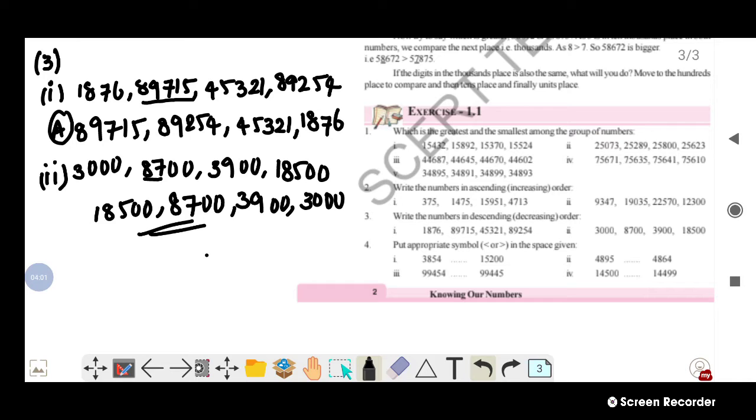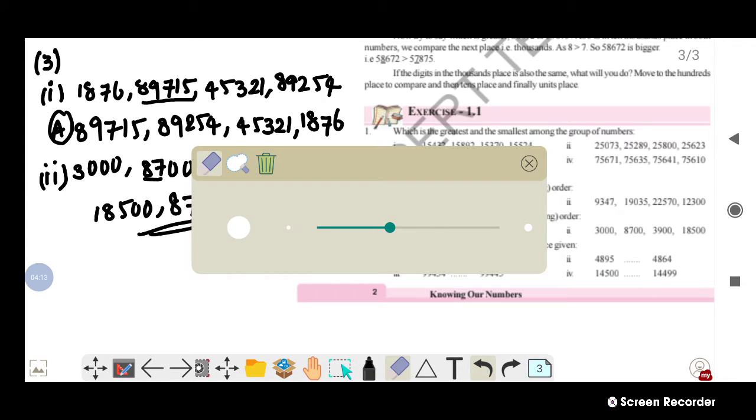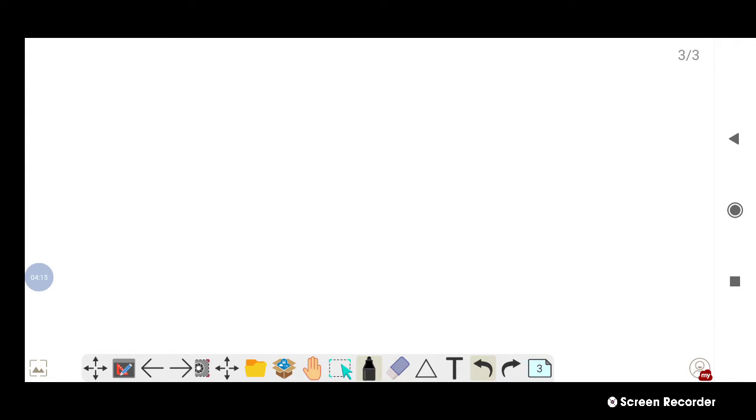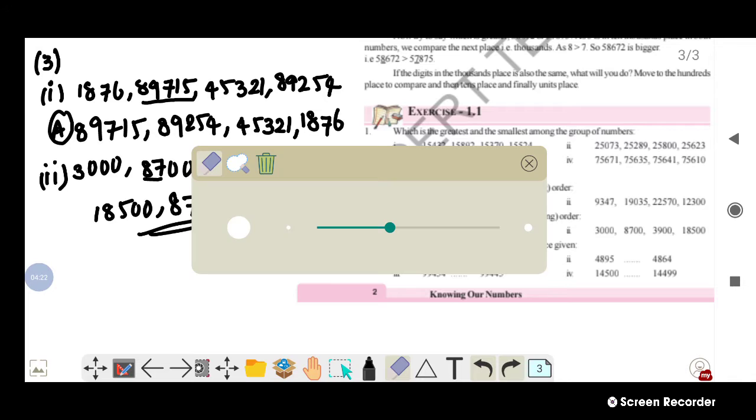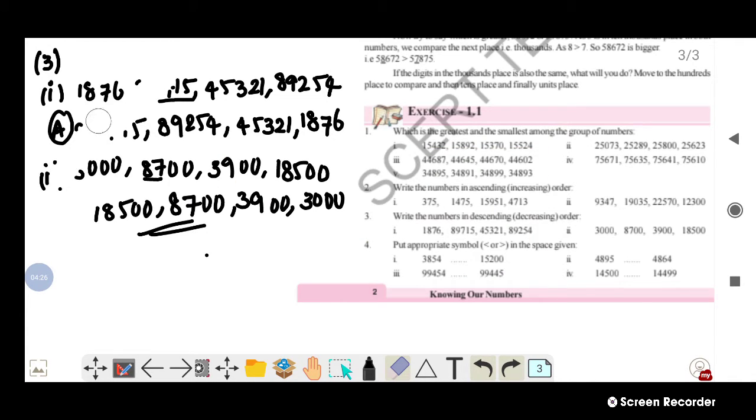Okay, children. So this is the third bit and now comes the fourth bit.